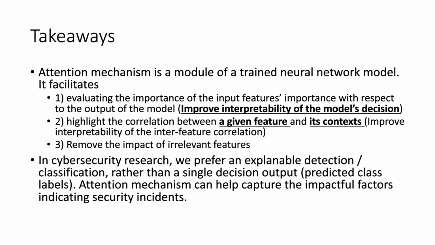That's the intuition. If the contribution of this feature is not stable, your attention value will be very low in a statistical sense. So that's the third point: we can make use of the attention mechanism to remove the impact of noise.